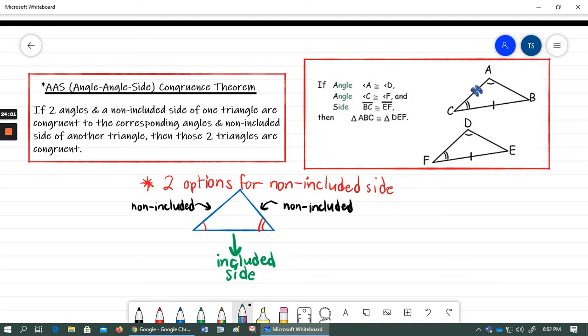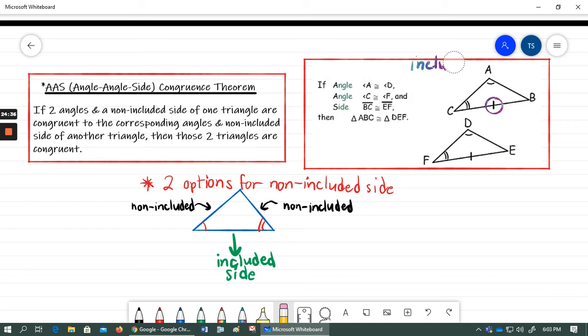And the side that they've got marked is not the included side, right? So now I'm about to erase the one that I marked, the one that was included. The one they've shown on the diagram is clearly not included between those two angles.